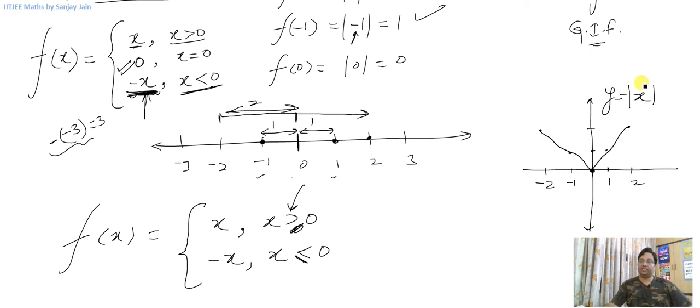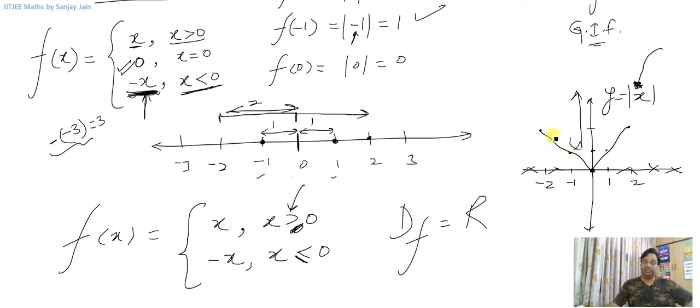Okay, as you can see, you can put any real value of x here, any real value. So it is defined for every x, right? So domain of this function is set of all real values. But if you look at the range, it gives me something non-negative always.